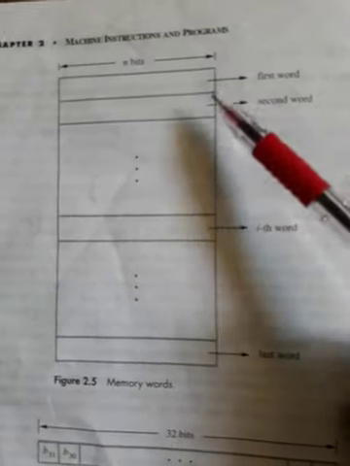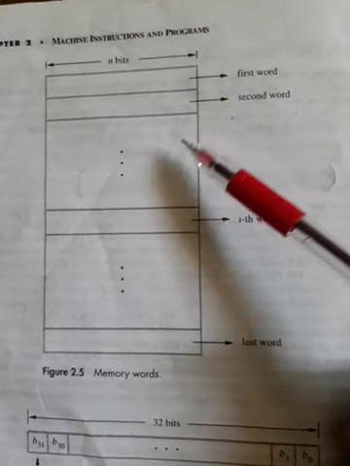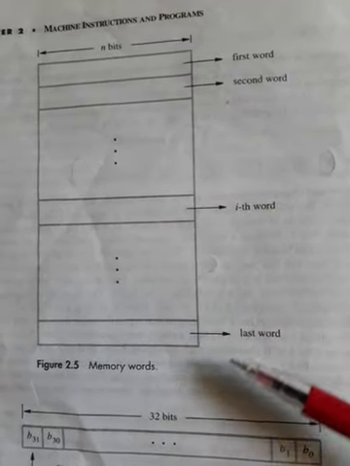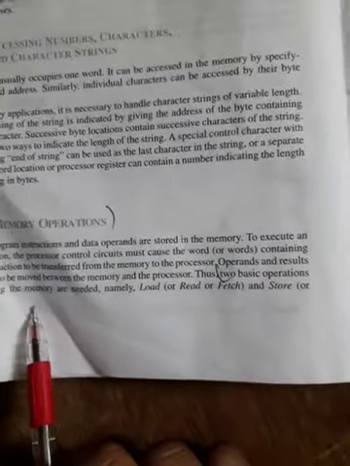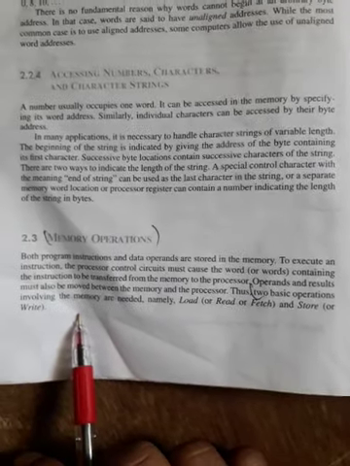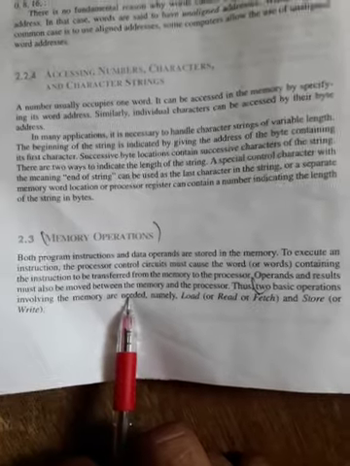In the previous class we discussed that memory is divided into words, like the first word, second word, third word, and so on up to the ith word and the last word. So the memory words containing the instructions are transferred from the memory to the processor.